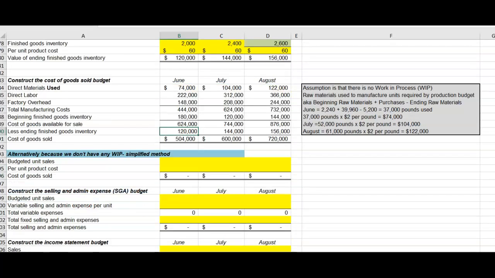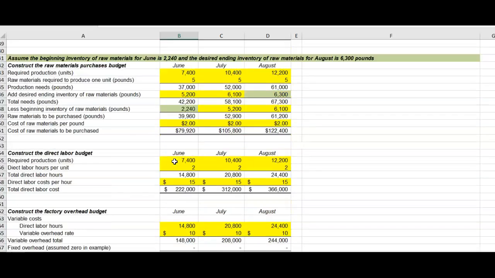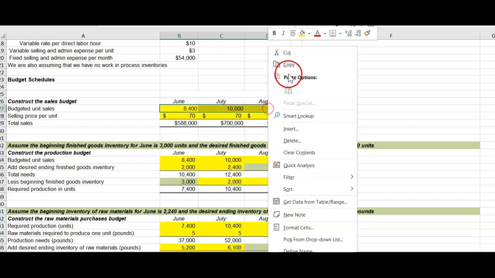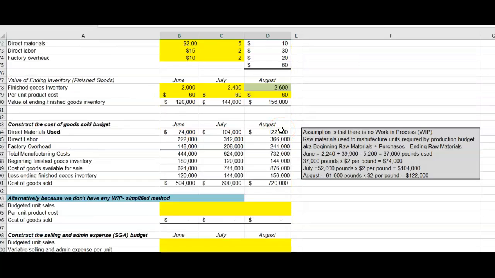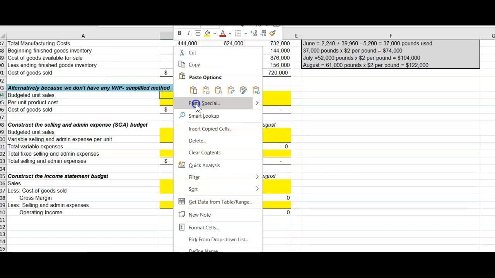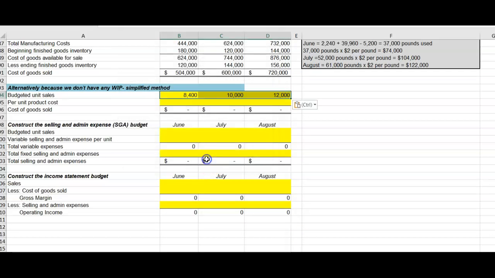But as I mentioned, we've simplified the problem. So actually all you'll need to do on your homework is this little section right here. So what we're going to take here is our budgeted unit sales. So this is how many units we're going to sell each period. And that was way back up at the beginning. So these numbers right here, I'm just going to copy these. And then we're going to use our per unit product cost.